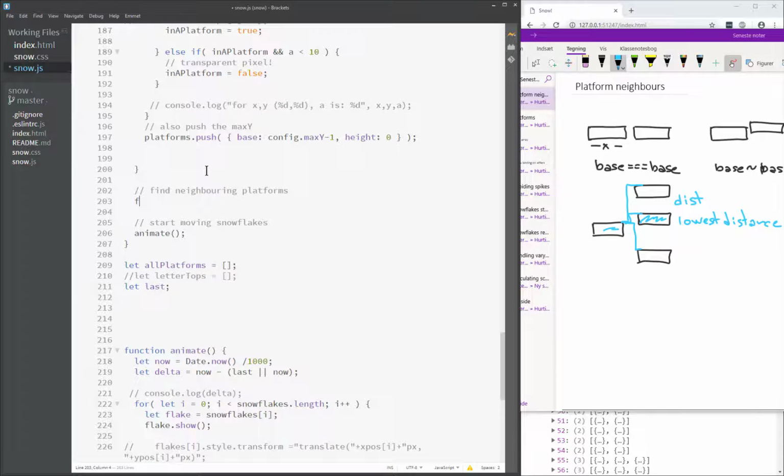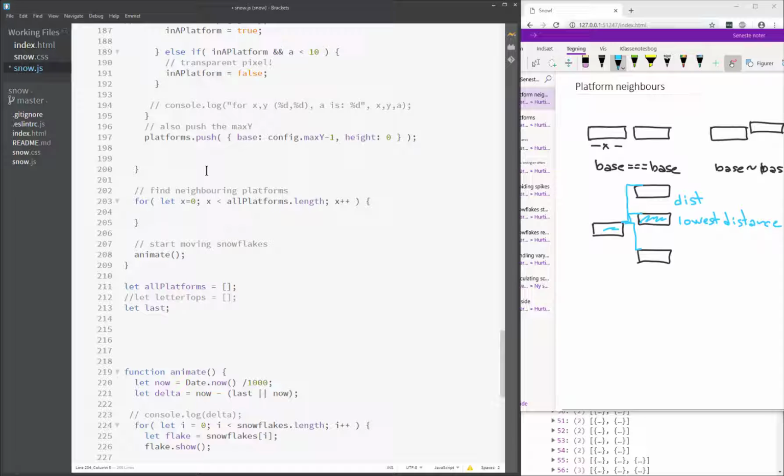And I would do that by looping through all the existing platforms. And then for each X position, I would need to find the platforms, because that would be this one. There could be more than one for each position. I have to go through all of them. So let the platforms be all platforms at position X and loop through them.